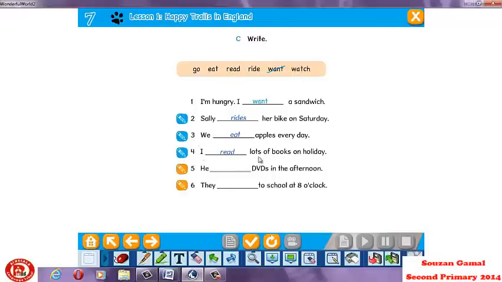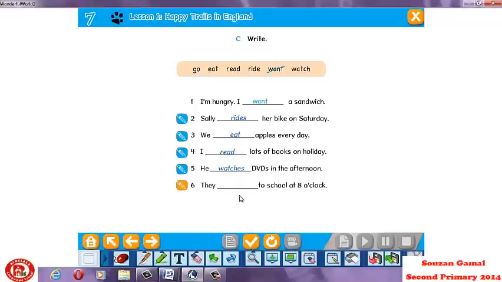I read lots of books on holiday. Number 5. He DVDs in the afternoon. He what DVDs? He watches. We will add S or ES? ES. Why are we going to add ES? Because we have CH at the end of the verb.